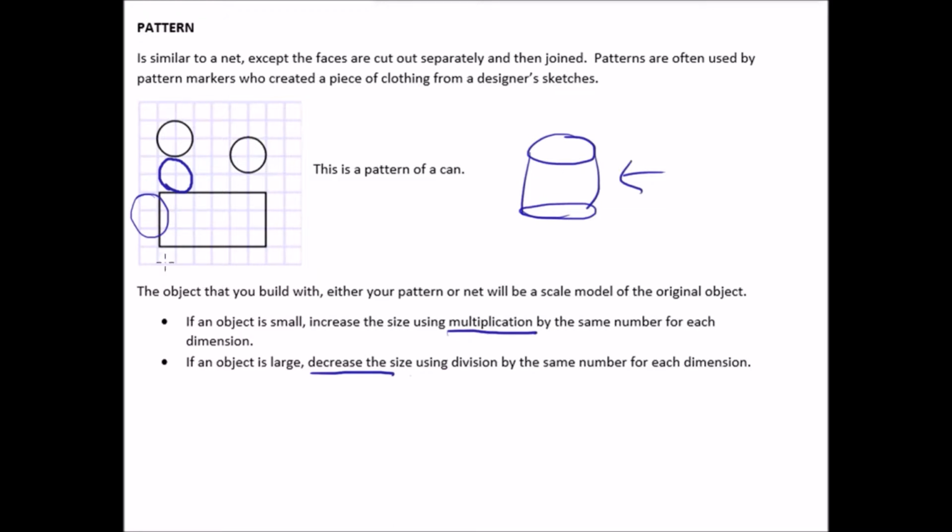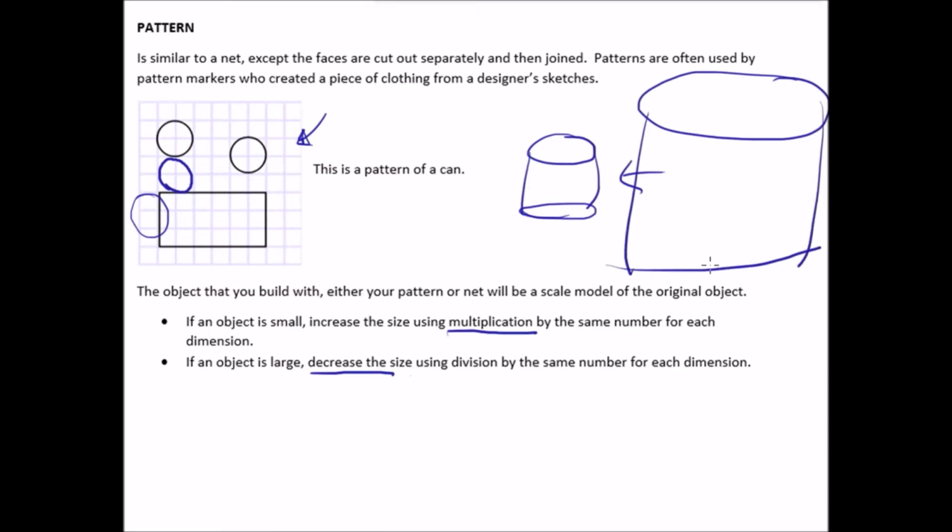So if this on your page right now is probably very small, but if we wanted to actually make it like a can, I would say a can of soup is at least this big, or maybe a can of corn. Let me see. Yeah, at least that big. So we would just multiply it in order to get something bigger, but the same scale.